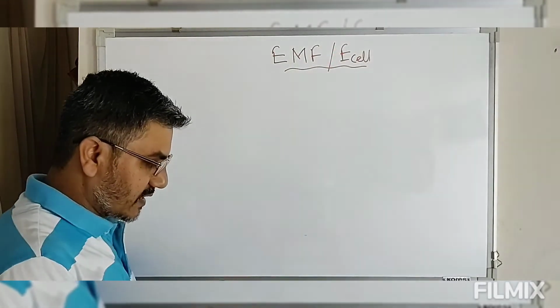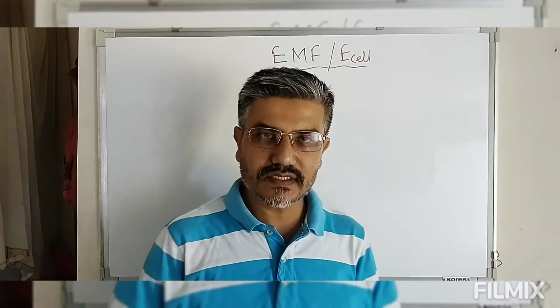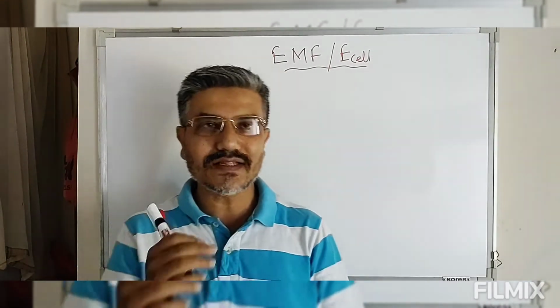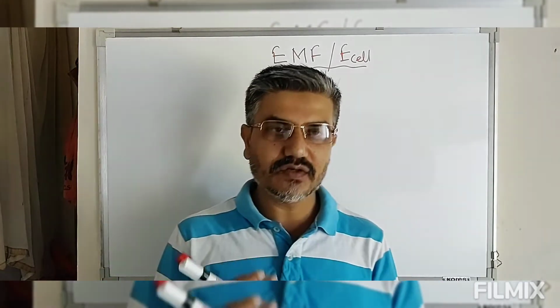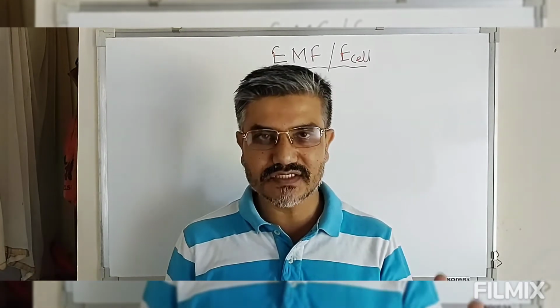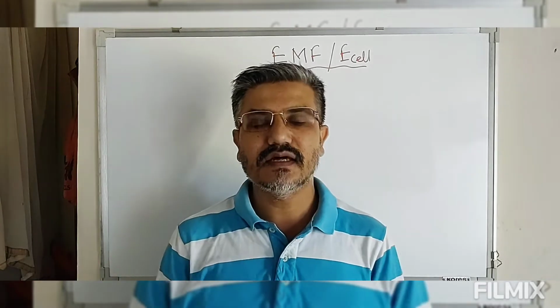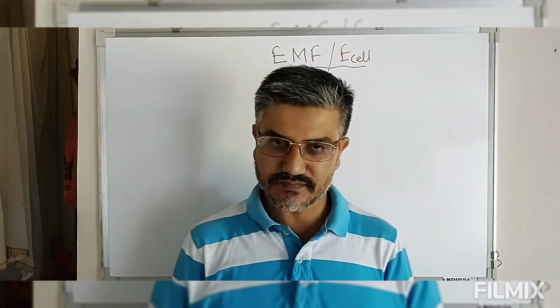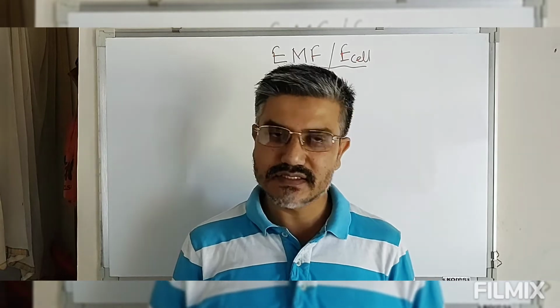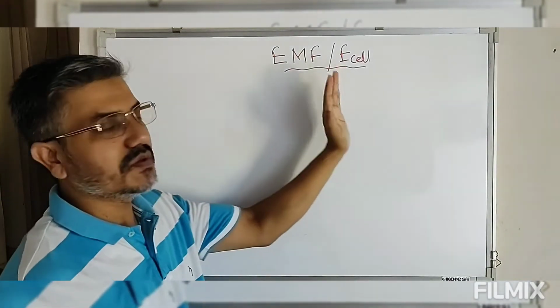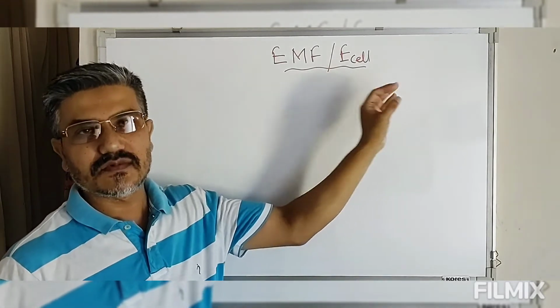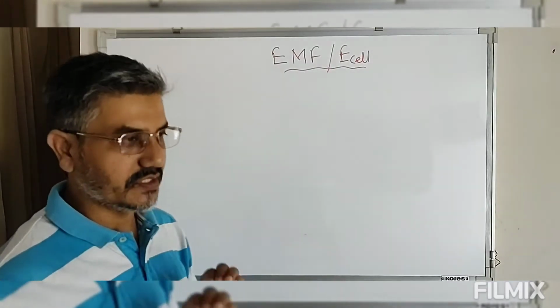So this E cell represents whether the cell reaction will take place or not, or whether a particular species will get oxidized or will get reduced. That is what we call cell potential. Now this cell potential is to be measured from the half cell potential.